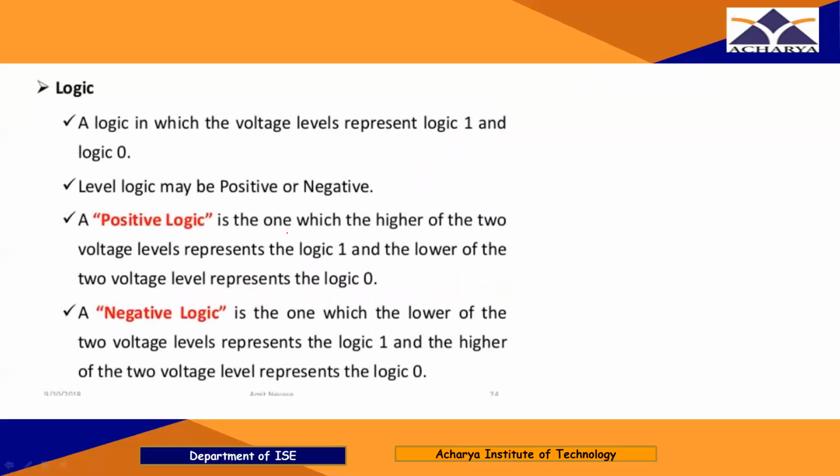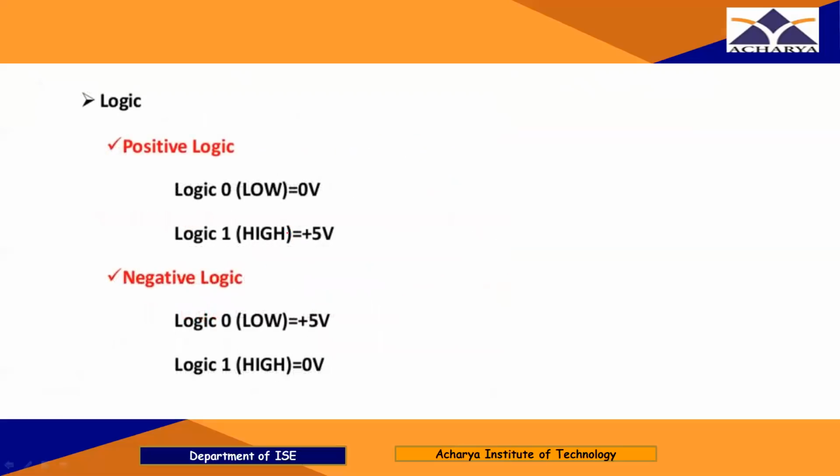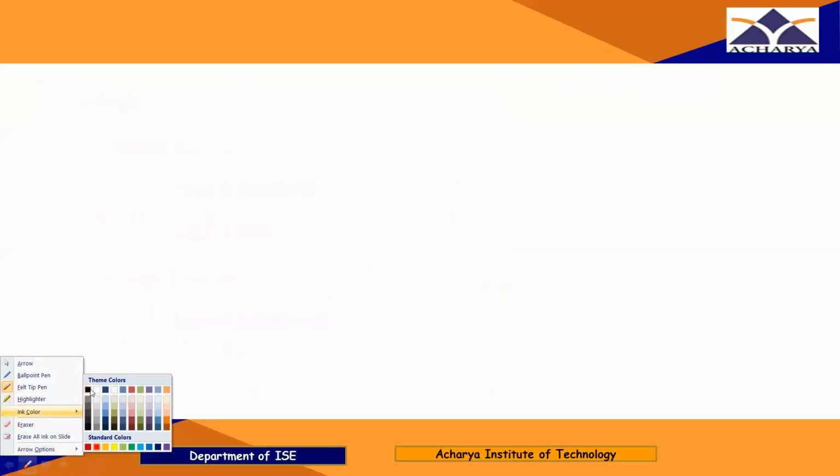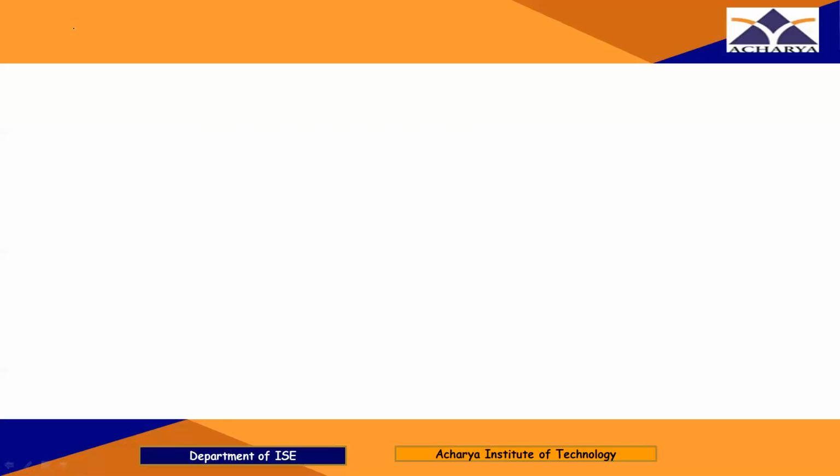Now let me take one circuit. So for that, now we have to write the pin numbers, right? So let me take Y is equal to A bar B plus B bar C plus A B C, right?